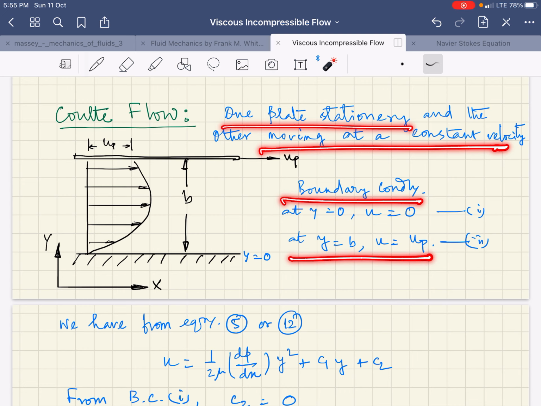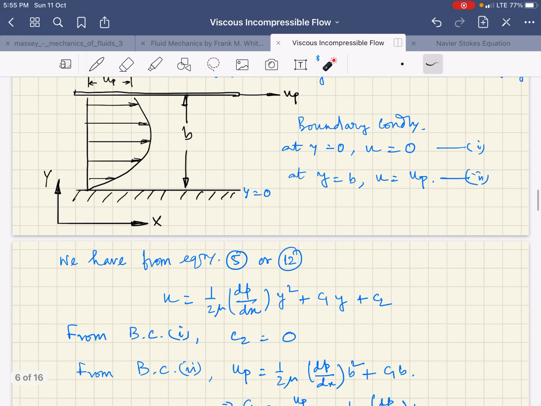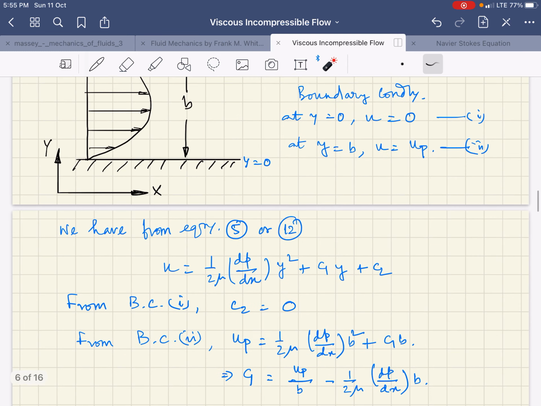But now, by definition, you have the upper plate, for example, as shown here, moving with a constant velocity up. So at y equals b, instead of u equals 0, we have u equals up. So that is the change that takes place when you have a Couette flow.